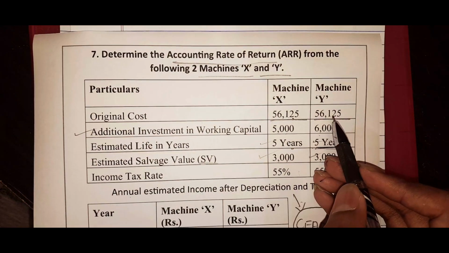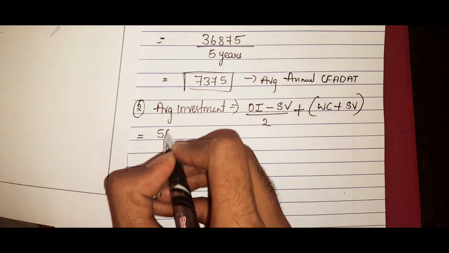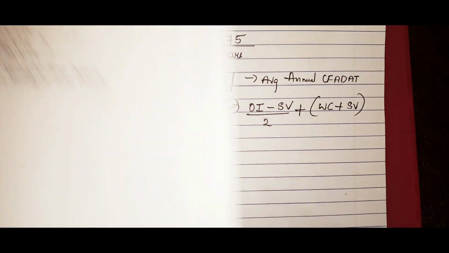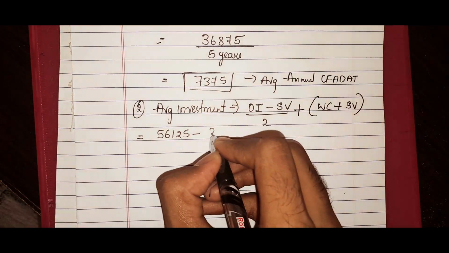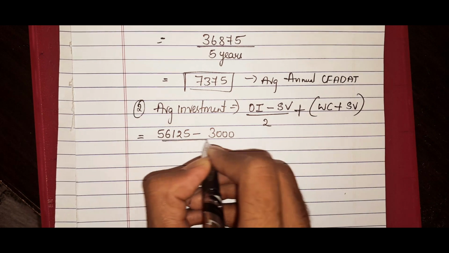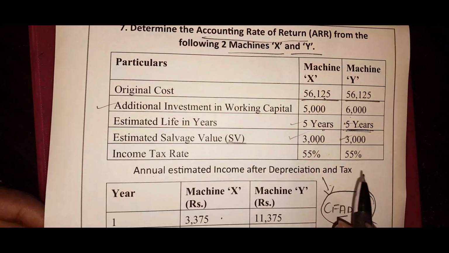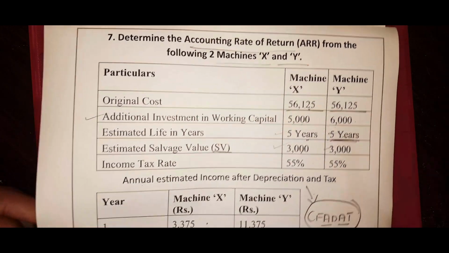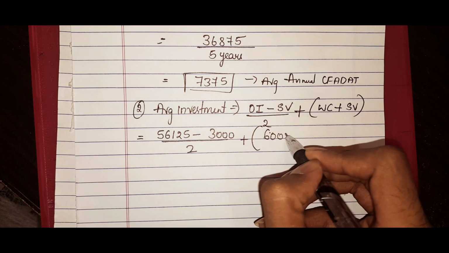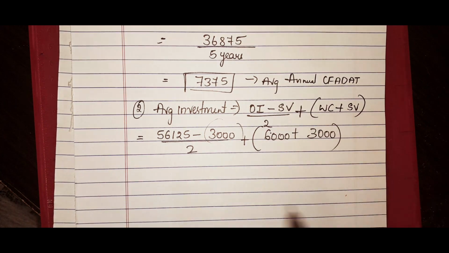So original investment of machine Y is 56,125 minus scrap value 3,000 divided by 2 plus working capital. Working capital they have given in the question, additional investment in working capital is 6,000, plus scrap value here we have found out, that is 3,000.